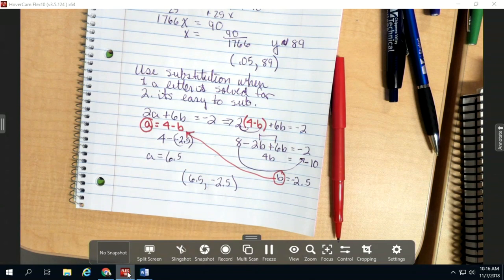Page 104, do 4, 5. Do them together so that you can see how you're going to do number 4 and 5.